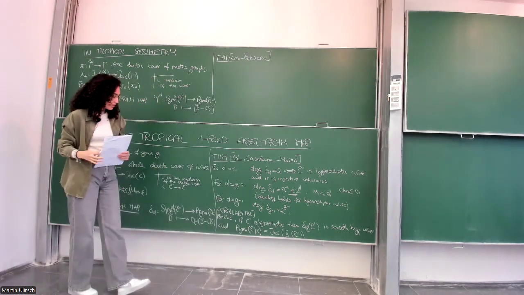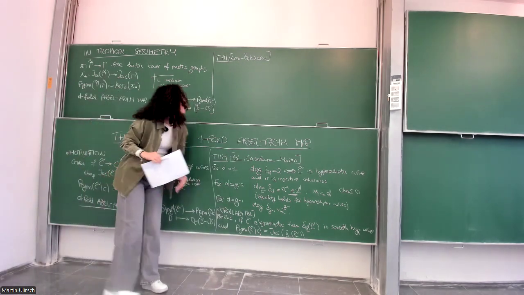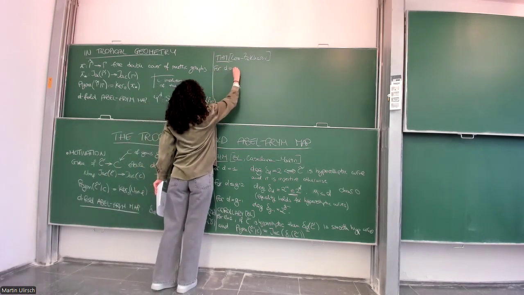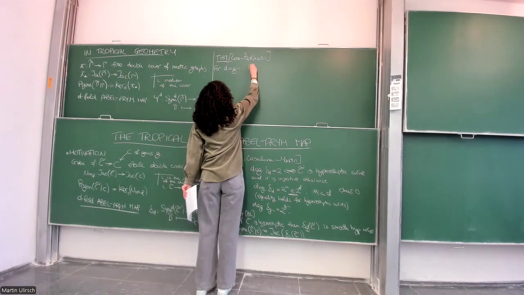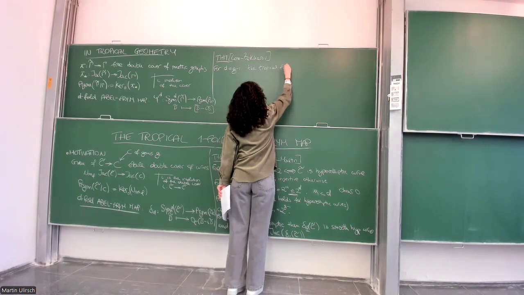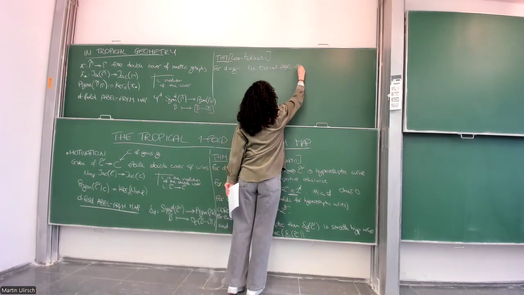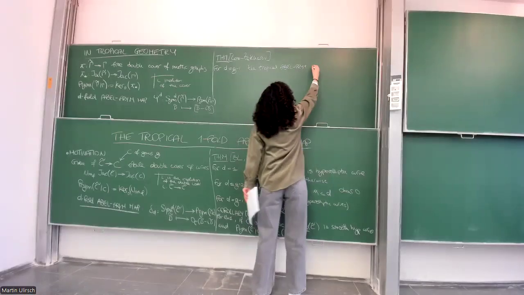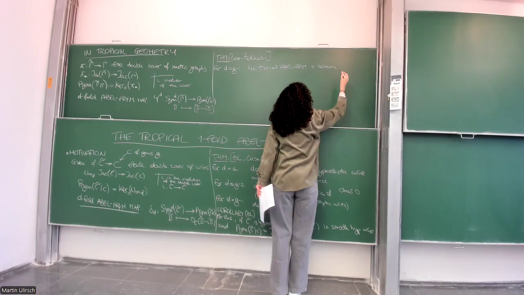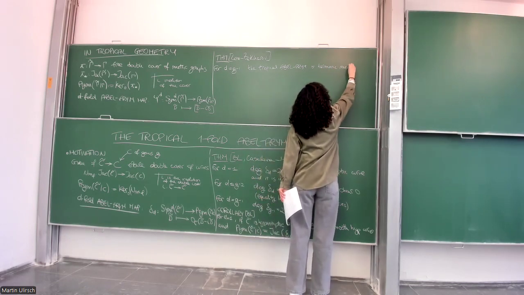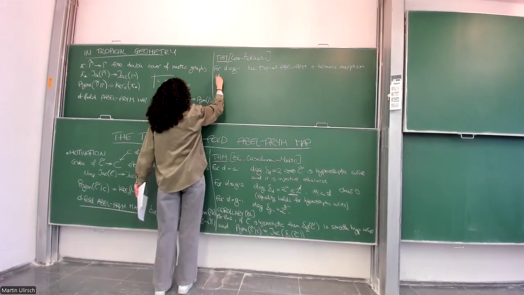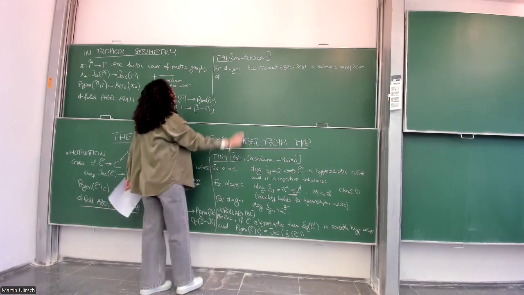They studied the case d equals g minus 1, and they proved that for d equals g minus 1, the tropical Abel-Prym is a harmonic morphism of polyhedral spaces and has the degree that we are expecting.